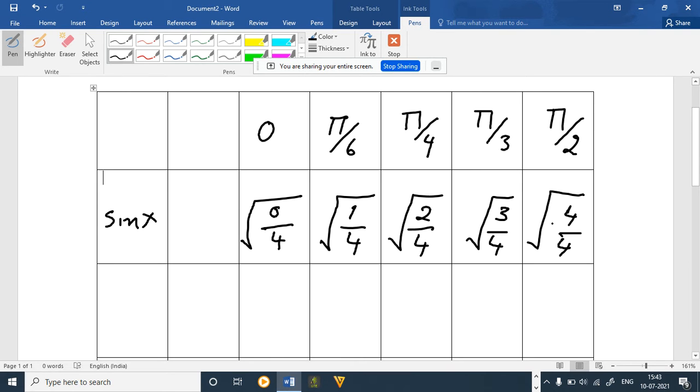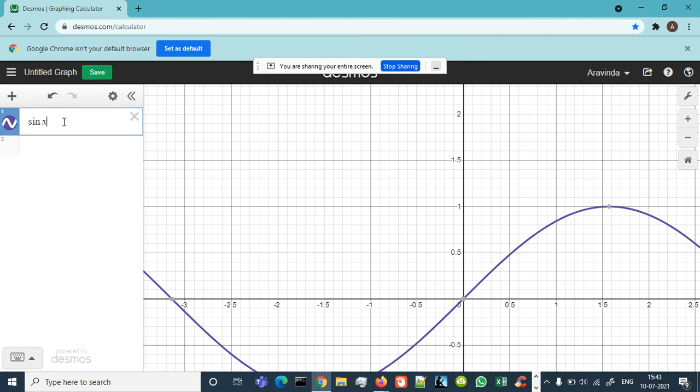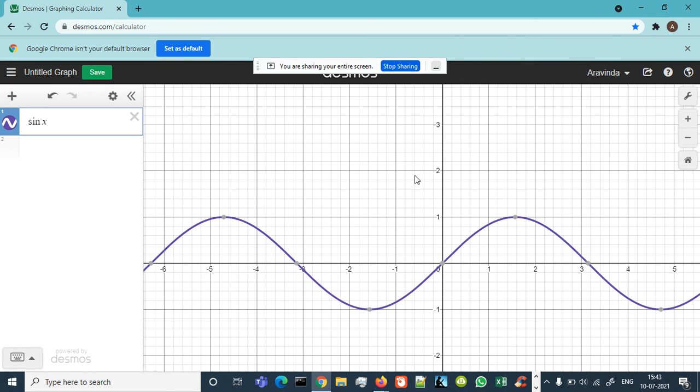Now that we know the values of sin x, we'll populate cos x this way. One thing we need to understand is the relation between sin x and cos x. So let me just show it through a graph. This is a graph application called Desmos I use on the Chrome app. Let me show you how sin x and cos x are related. This plots the sin x graph.